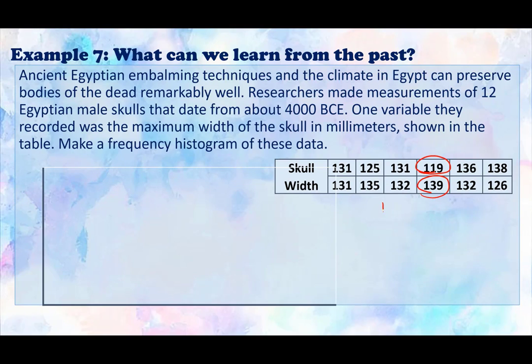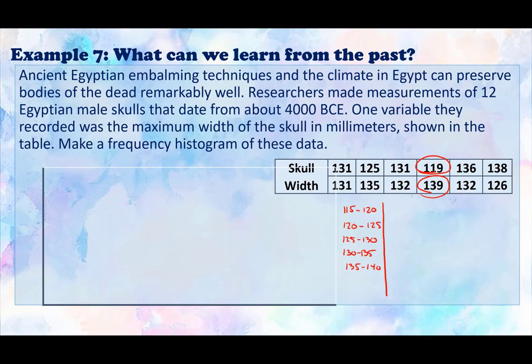So my first bin is from 115 to 120, and then we go from 120 to 125, then 125 to 130, 130 to 135, and then 135 to 140. Now we're going up to and including the upper number, so we're actually going larger than 120 here, and you're going to see what we're doing in a second.